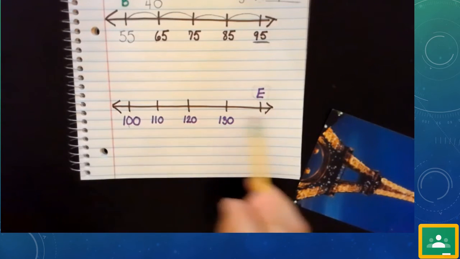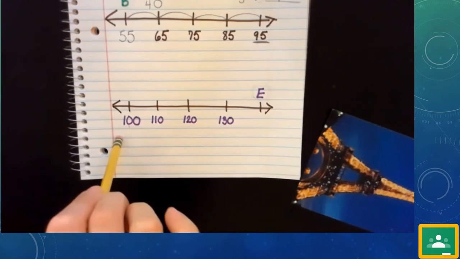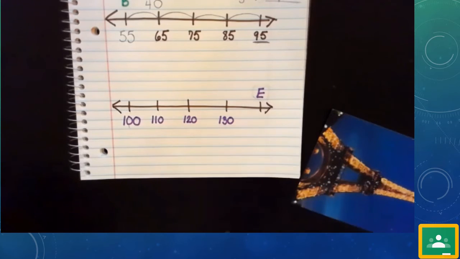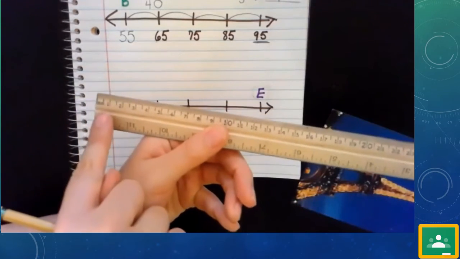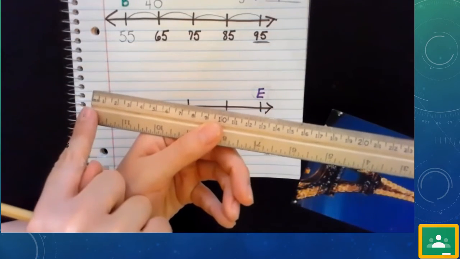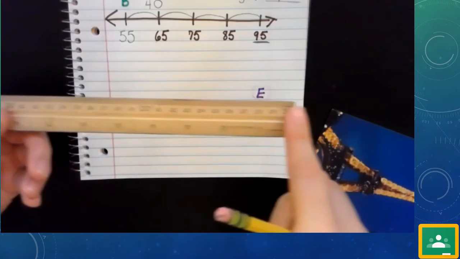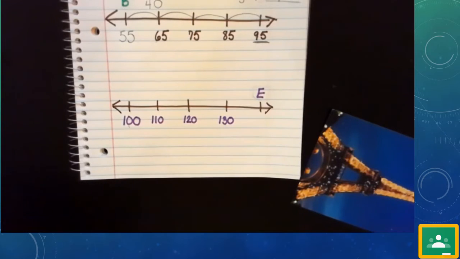Remember, as we're looking at any number line, the numbers that are our starting point are going to be lower than our end point, because that's how numbers are listed. When I look at rulers, it doesn't say 30 over here. I start with 0, and then I increase as I move my finger to the right. Same thing with the number lines that we draw on our paper.